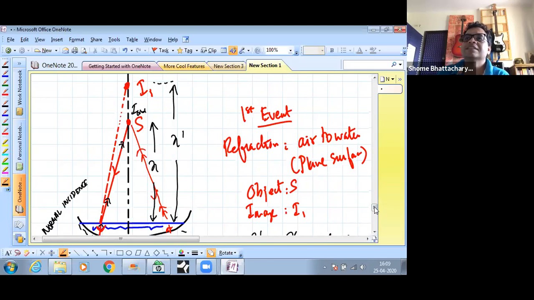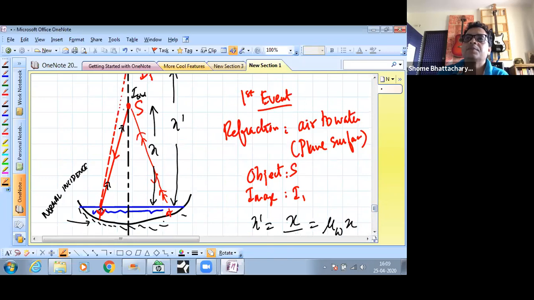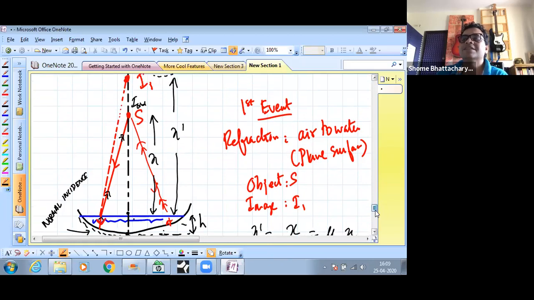Now what about the object distance? It is this distance x prime, which is up to here, plus this height. So there is also this height to contend with, because the pole of the mirror is here. This is the pole of the mirror. So there is also this height h. So the object distance of the point I1 from the pole of the mirror is not x prime, it is x prime plus h.